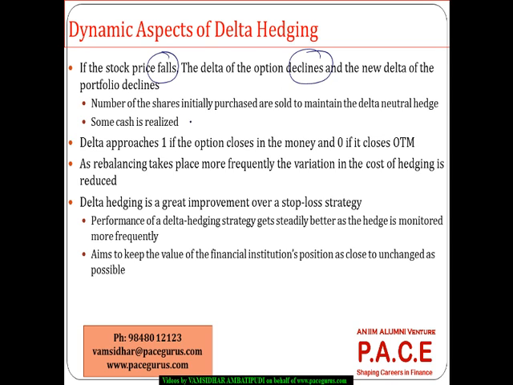If the delta is declining, the number of shares which you initially purchased are not all required to maintain a delta neutral position. So we are selling shares, and again some amount of cash is getting realized.